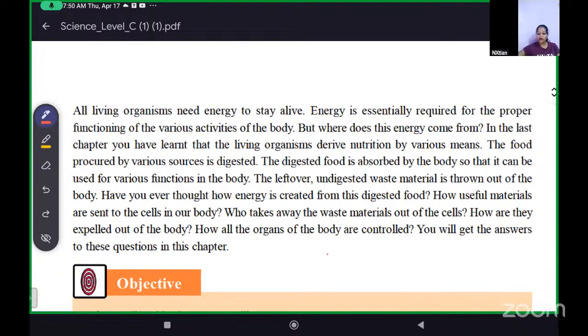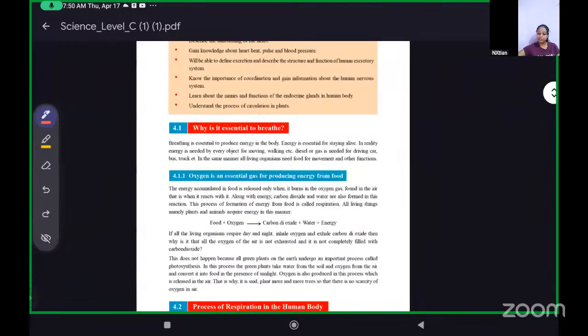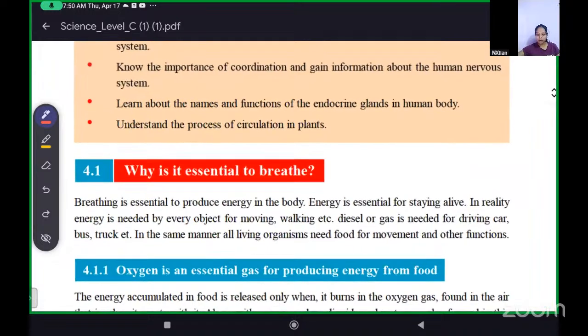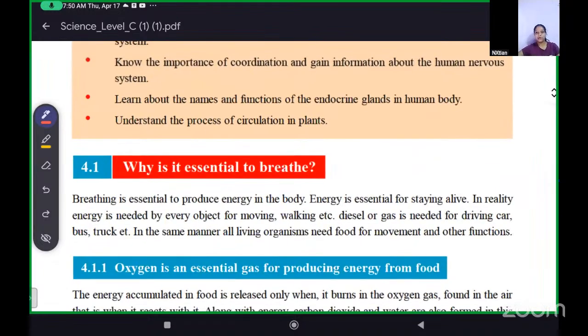First of all is breathing. Why is it essential to breathe? Because respiration is all about breathing. Breathing is essential to produce energy in the body, not only for us to stay alive, but also to produce energy.